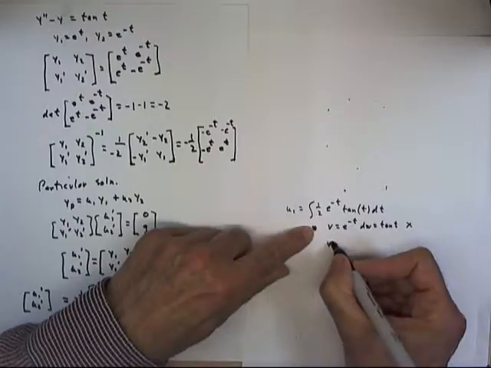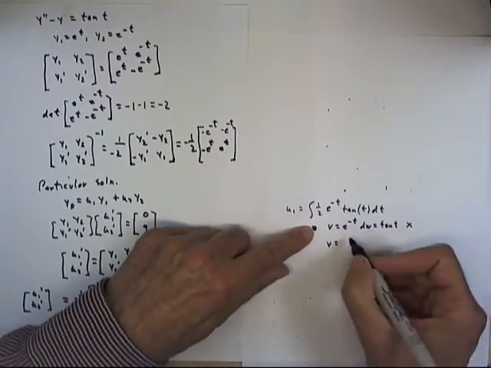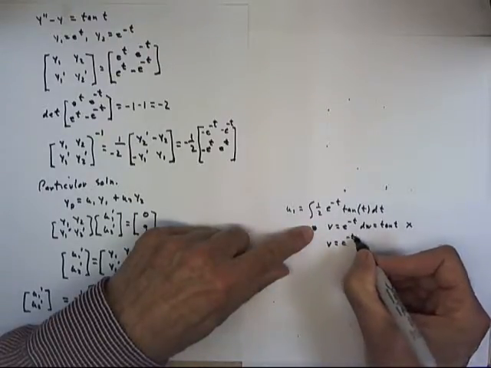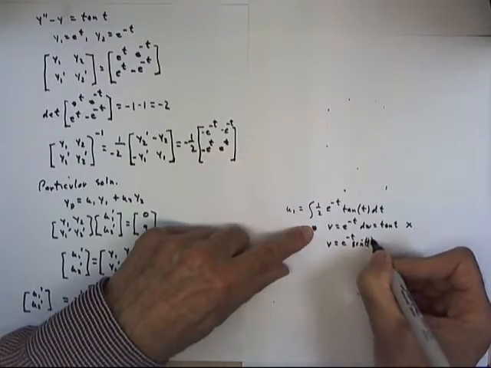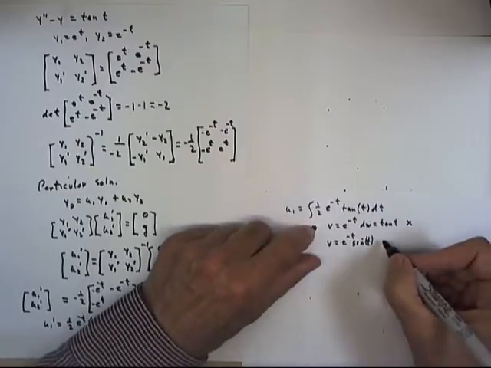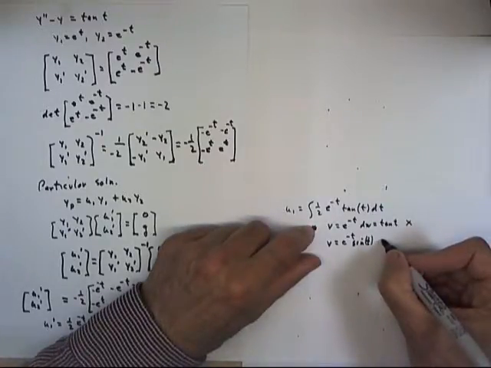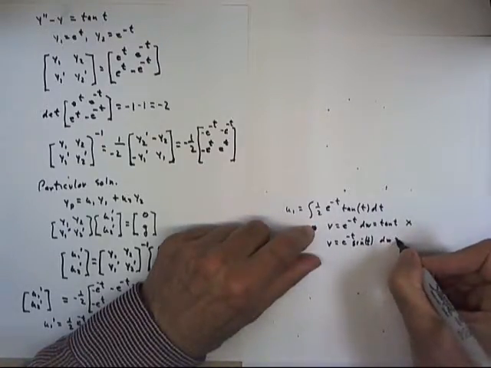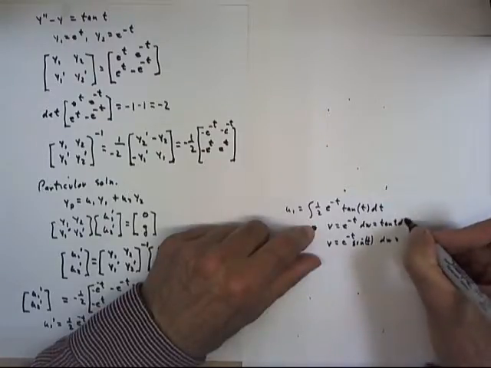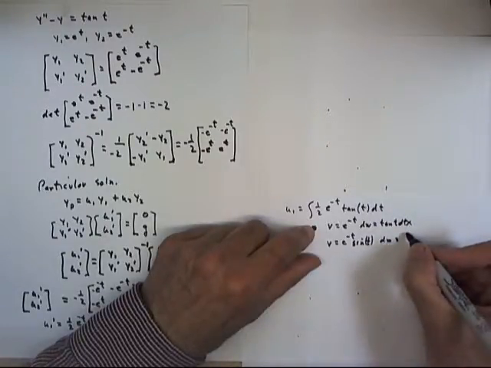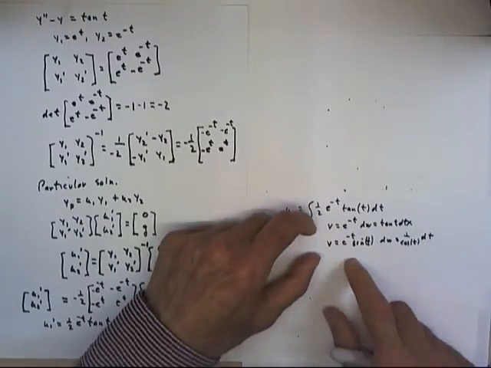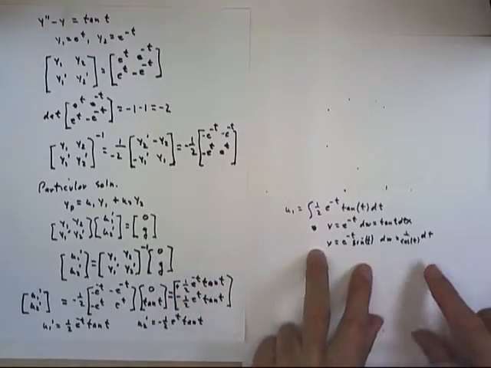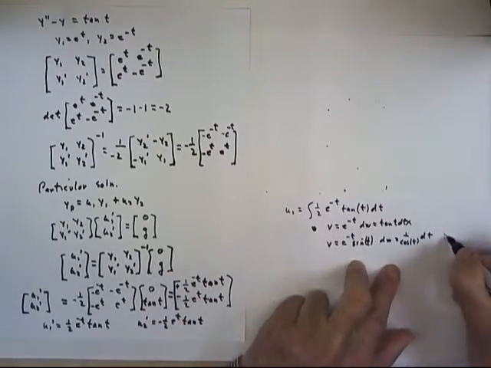Okay, we could try v equals e to the negative t cosine t, or sine t, so that dw would be, and let's see, this should have had a dt on it, dw would be 1 over cosine t dt. Again, this doesn't help. This is not going to work.